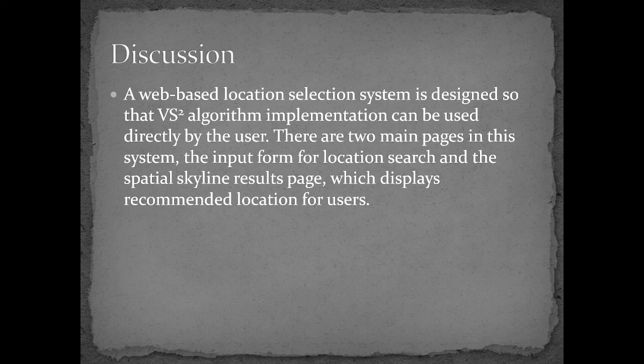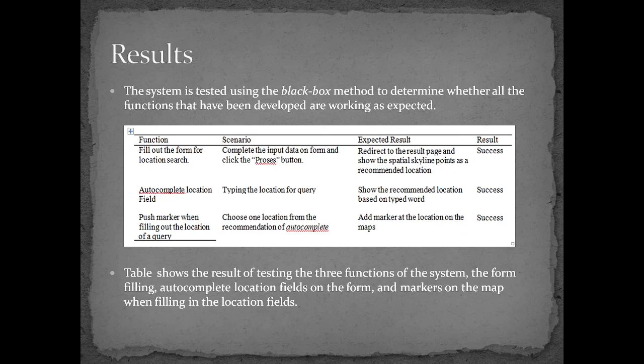There are two main pages in this system: the input form for location search and the Spatial Skyline result page, which displays recommended locations for the user. Result. The system is tested using the black box method to determine whether all the functions that have been developed are working as expected.